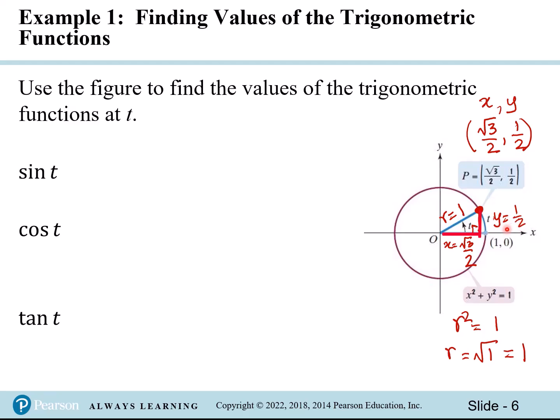And y is the opposite side to the central angle. So the central angle t has the opposite side as y and the adjacent side as square root of 3 divided by 2. So now let's try to find the different trigonometric functions.